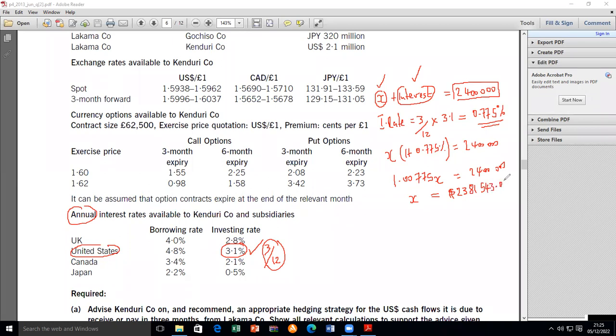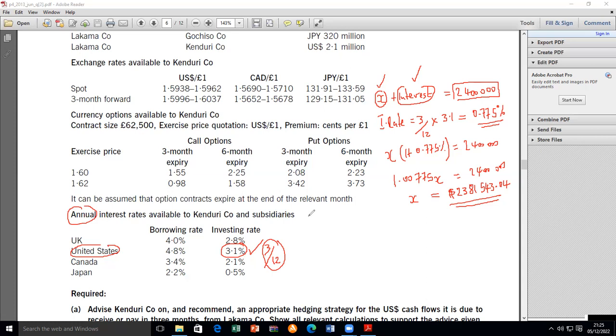543.04. So this is the money that you must deposit in an account. In other words, this is the money that you must buy.